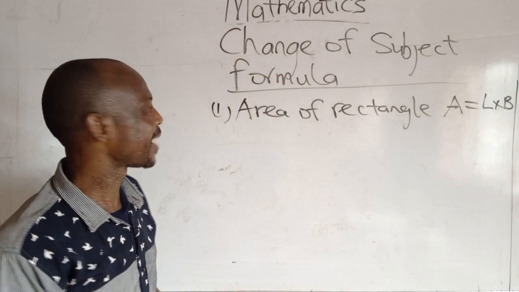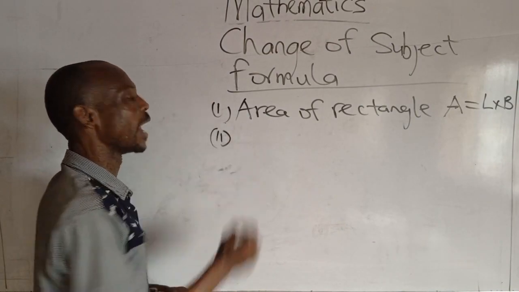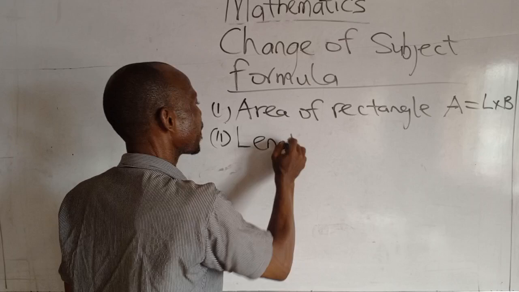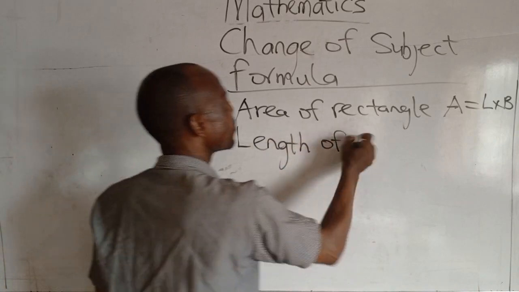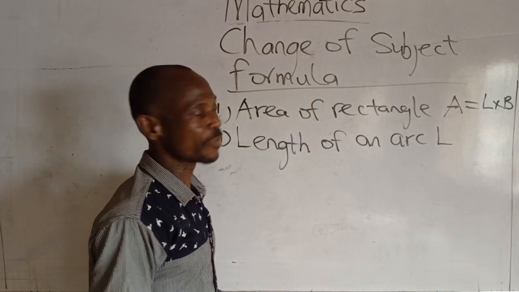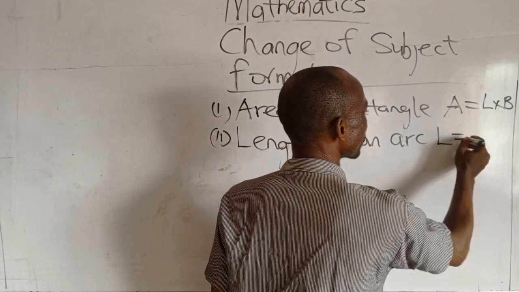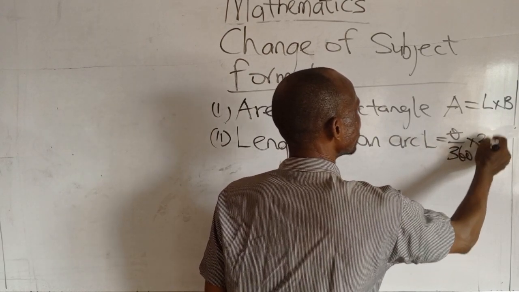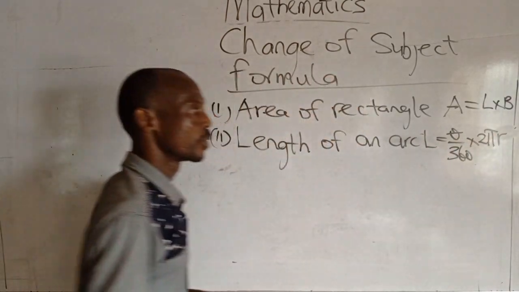We can also have another example of a formula. The length of an arc, L. The length of an arc, L, is given as equal to theta all over 360 times 2 pi r.